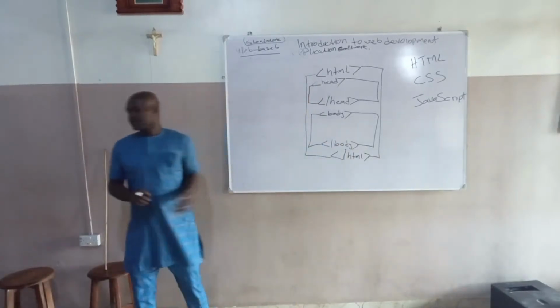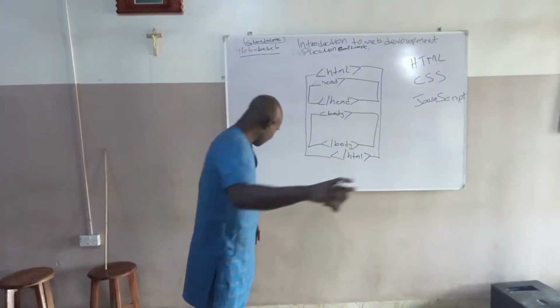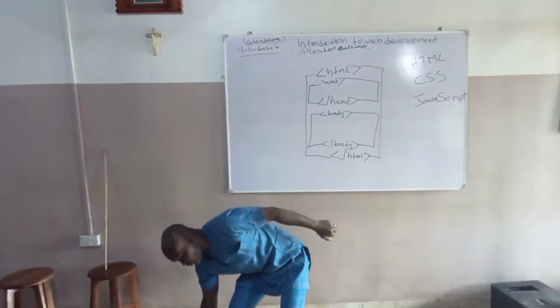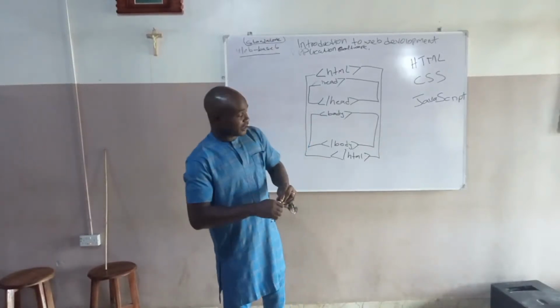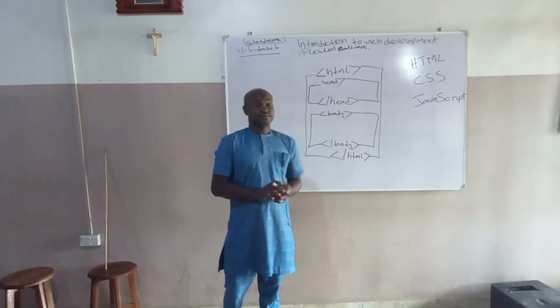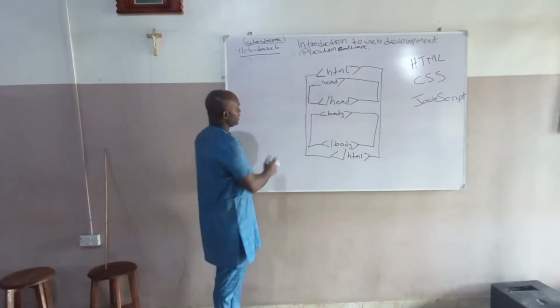Do you understand this? We talked about this. I'm talking about our new students today that just joined us. Do you understand this? It's very simple to understand. These are root elements.